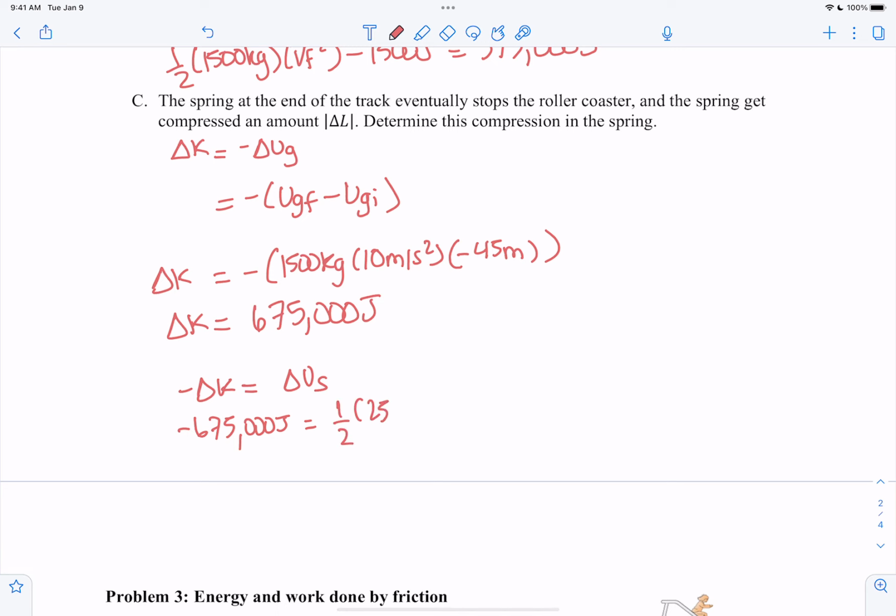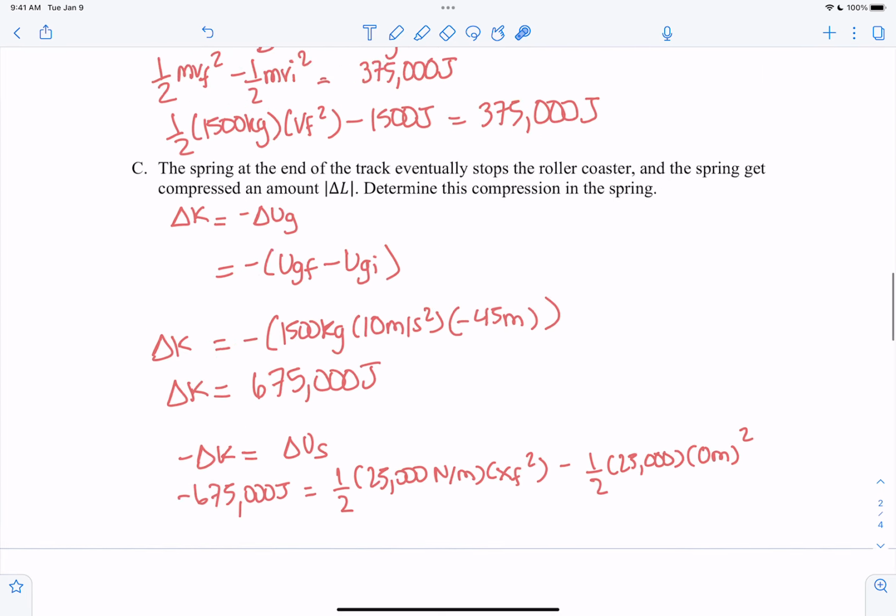So k is 25,000 newton meters, and this is xf squared, minus half 25,000 xi squared, and xi should just be 0, right? Because that's the equilibrium position. But yeah, then the negative wouldn't make sense, because you can't take the square root of a negative, so I'm not sure what is going on here.